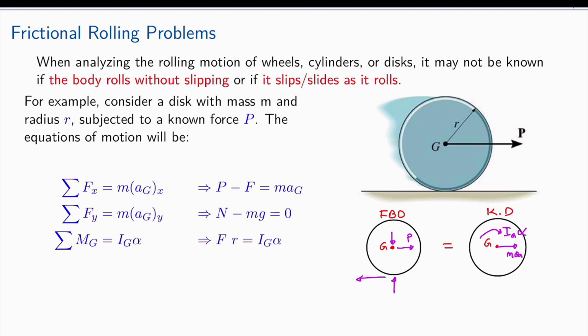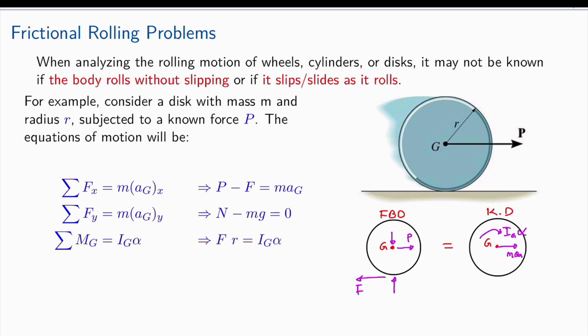So we can set up the equations of motion in x. The forces that we have are P and F, the friction force, and this should be equal to the mass times acceleration of the center of mass.